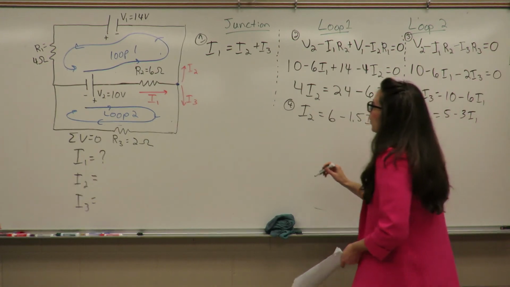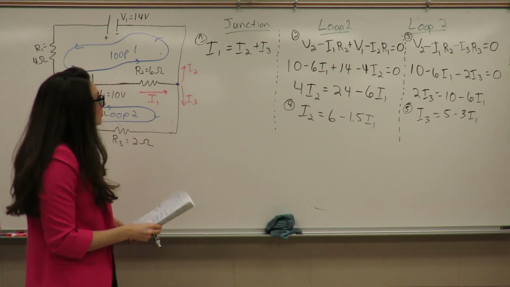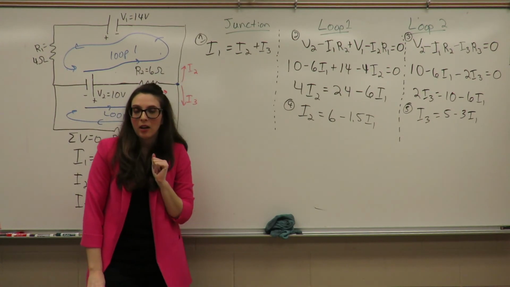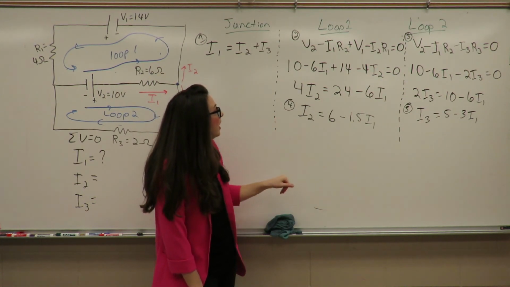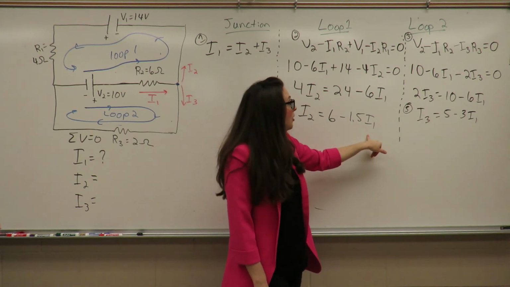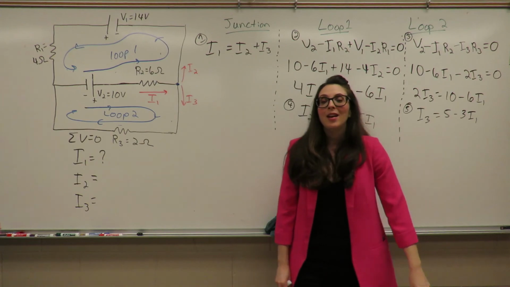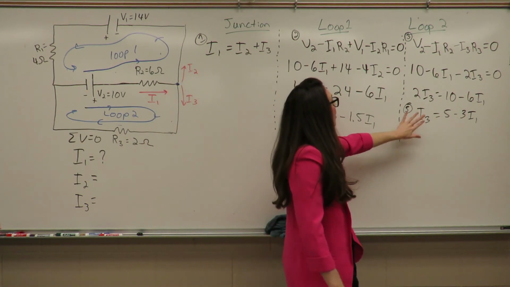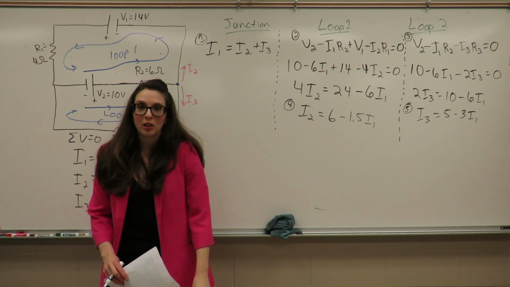Okay. So I did it that way because we see I have our first equation, I1 is equal to I2 plus I3. For equation 4, right here, I have I2 in terms of I1. For equation 5, I have I3 in terms of I1. And so what I can do now is take equation 4 and equation 5 and substitute them back into my junction equation.